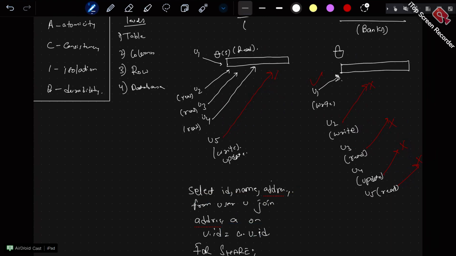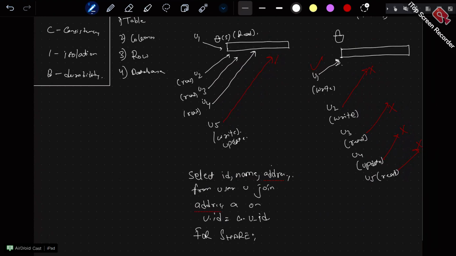Now with only this query you have written, you have acquired a shared lock on whatever rows you have selected. Whatever rows are affected by this will be locked. Nobody will be able to write or update anything, but you people can read the data.